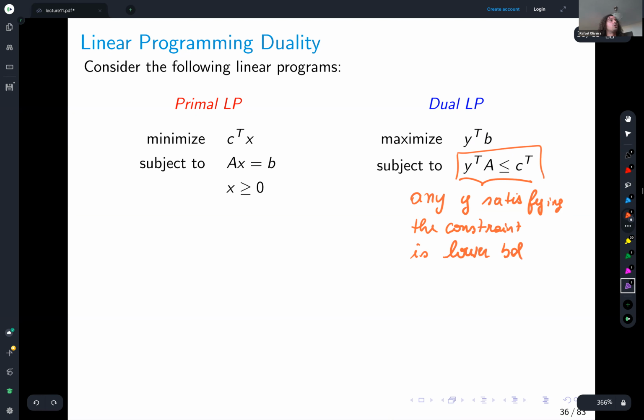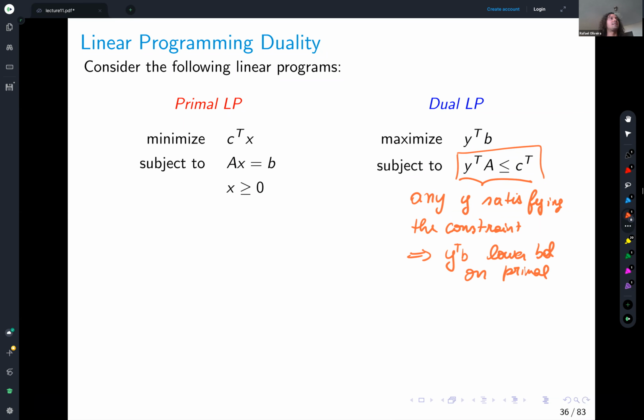So for this dual linear program, what are we doing? Any Y satisfying the constraint implies that Y transpose B is a lower bound on the primal. So we might as well create a linear program, and what are we doing?